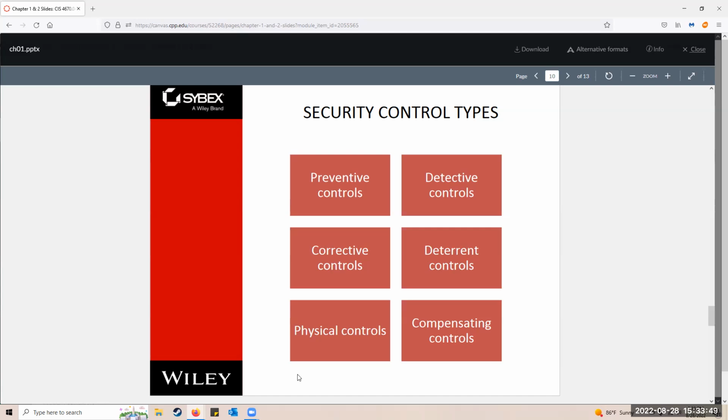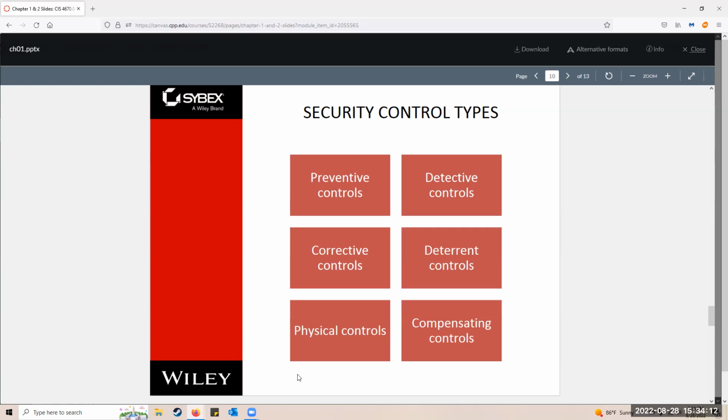Detective means, honestly, if a breach occurs, these are what we have at our disposal to figure out what in the world happened. Corrective is if a breach happens, what is the process or what is the play to recover from said breach. Deterrent controls are to ward off a potential breach.